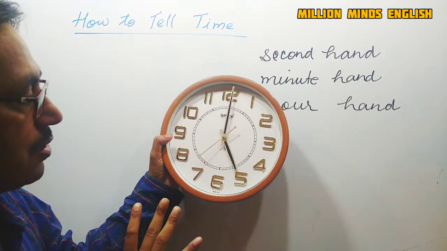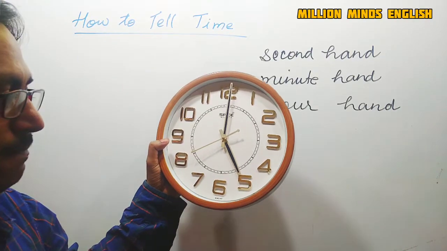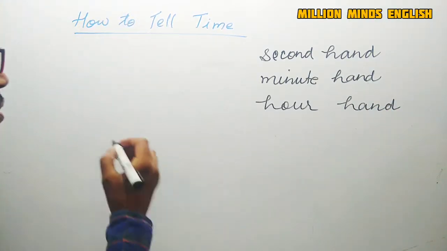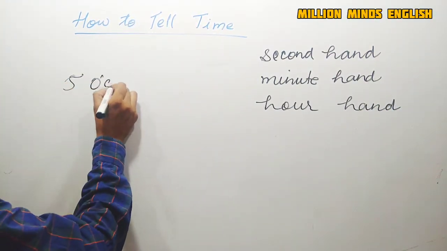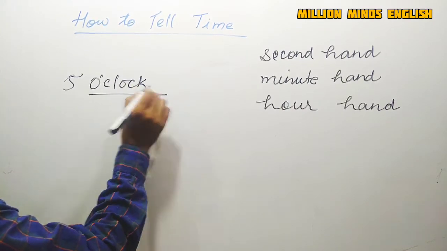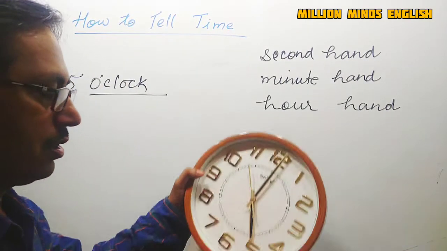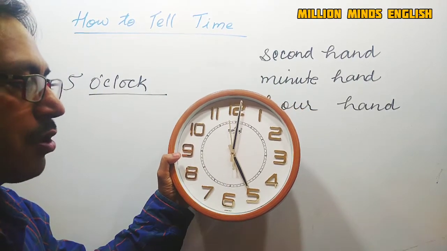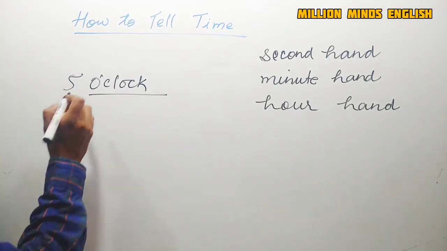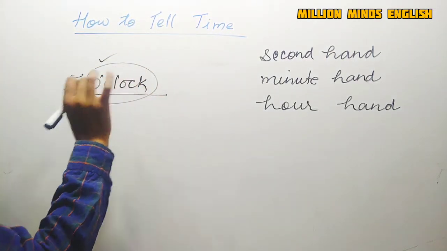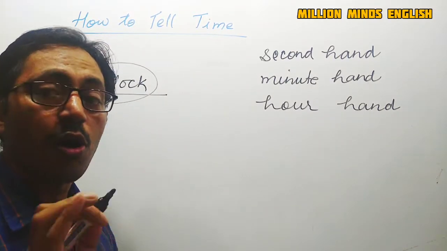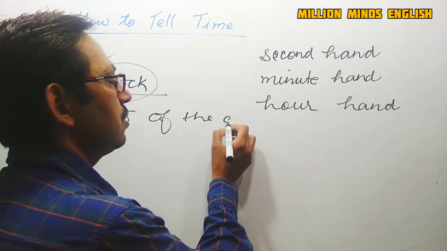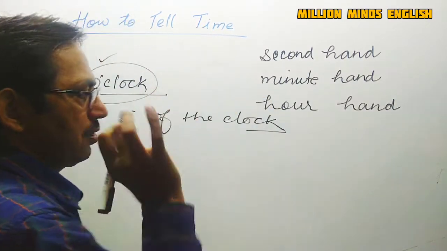Friends, here you can say 5 o'clock. Clear? Means o'clock. Now the clock indicates 5, means 5 o'clock now. Friends, very first thing, o'clock. Here the word o'clock is used for of the clock, means 5 of the clock.